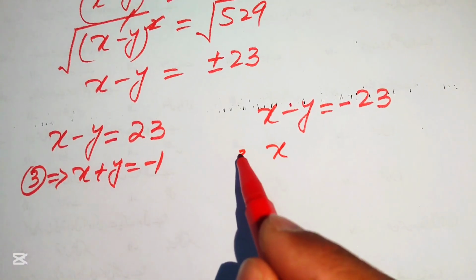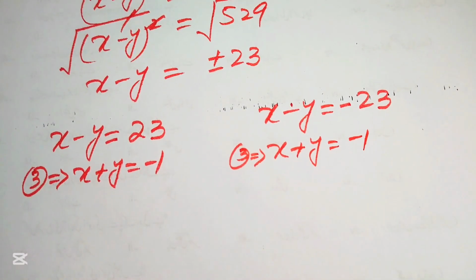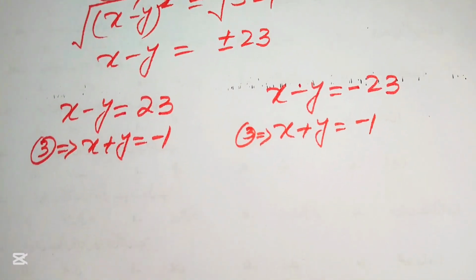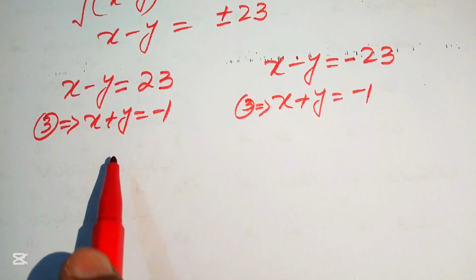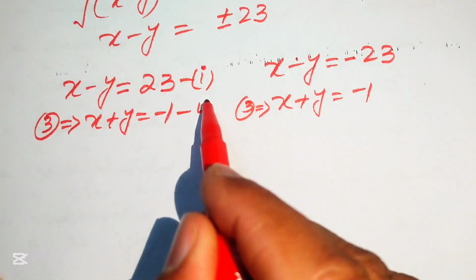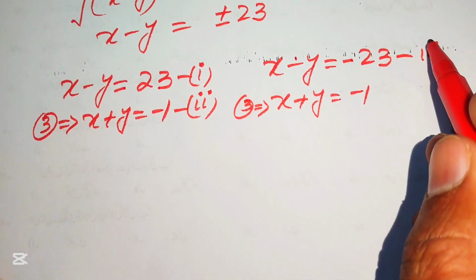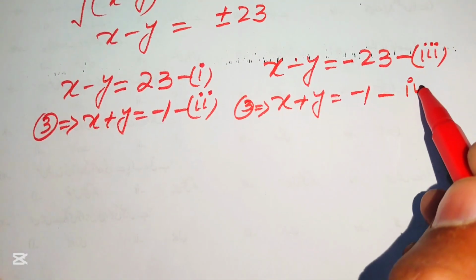Similarly, equation number 3 implies here x + y = -1. So we have these two simultaneous equations, and now we can easily find the values of x and y. We call these equation number 1, equation number 2, equation number 3, and equation number 4.